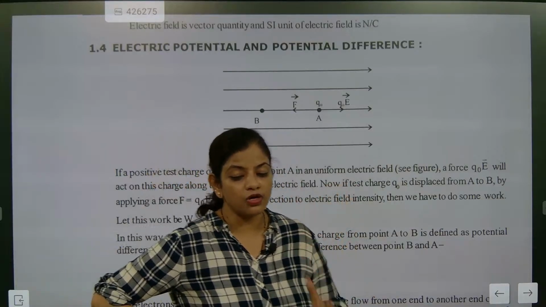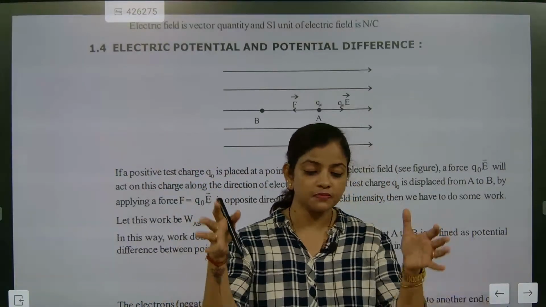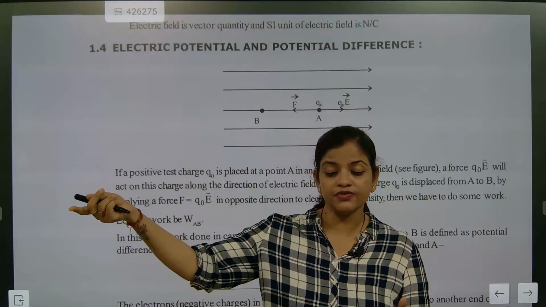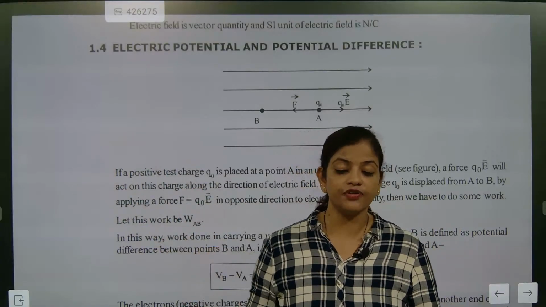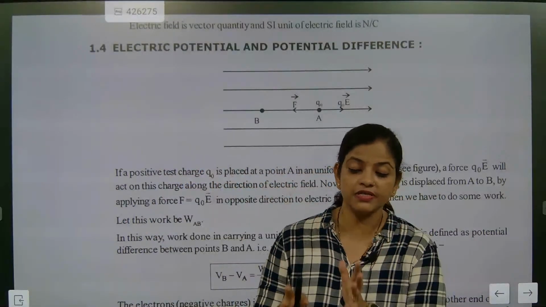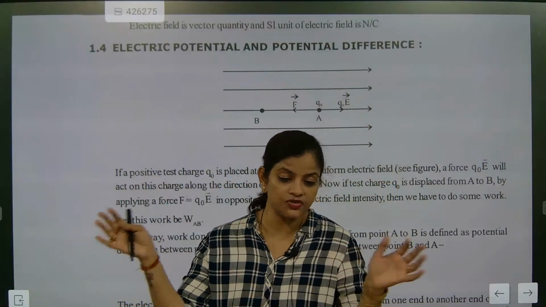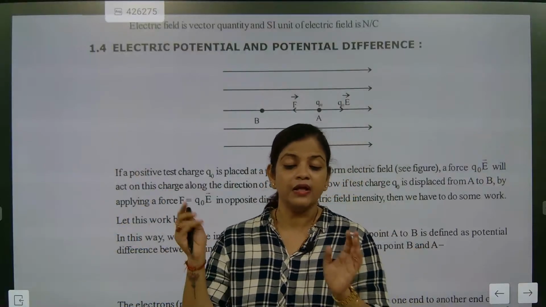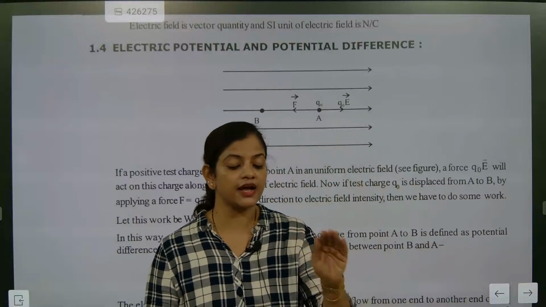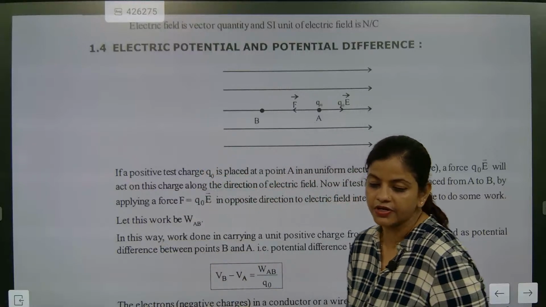If a positive charge field is there and a negative charge comes, it will definitely be attracted. Understood? Because neutrality is one of the basic concepts. But if a positive charge field is there and a positive charge comes, then that positive charge will experience a repulsive force. This is exactly the concept. I hope you have understood.